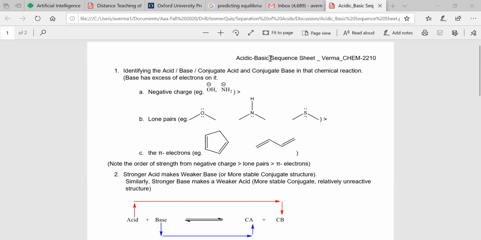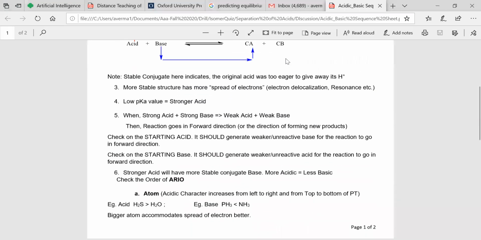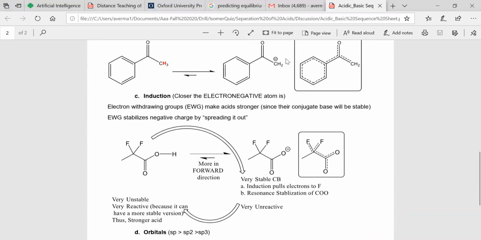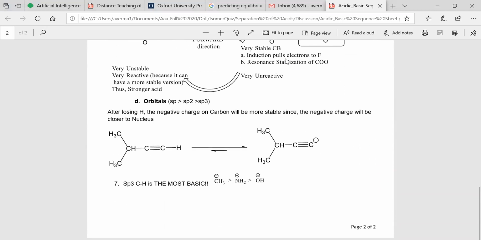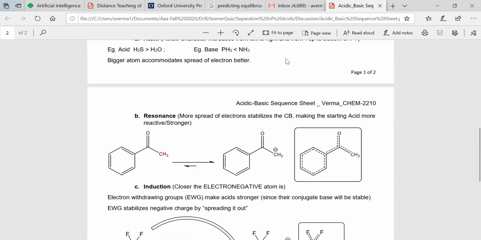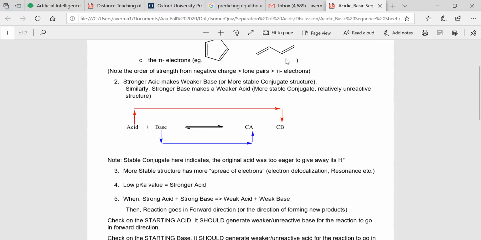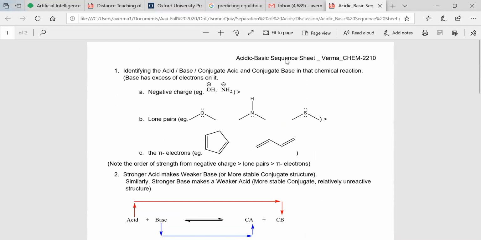I have also placed an acidic basic sequence sheet in your Brightspace content section, which will also help you understand a little bit more about these acid-base reactions.